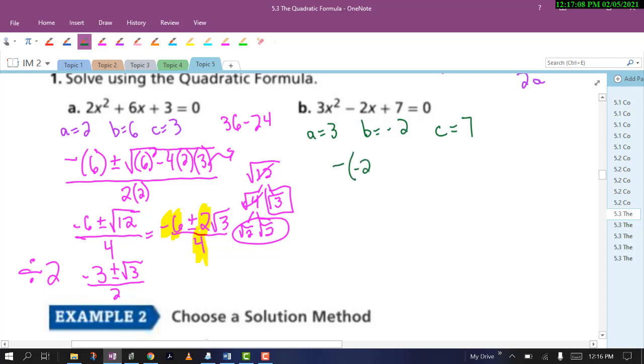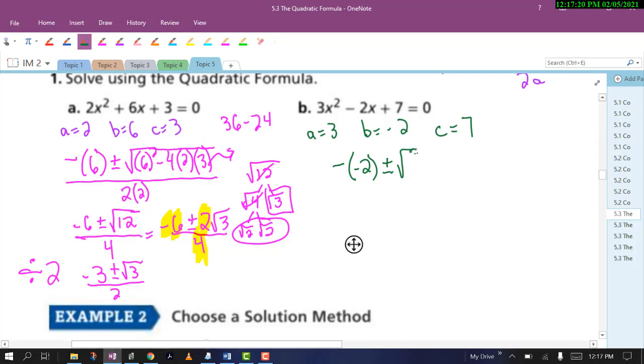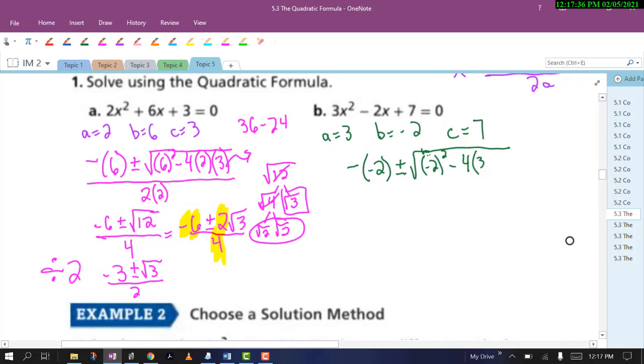Negative B, so negative 2, plus or minus, square root of b squared, so negative 2 squared, minus 4 times a times c. Sorry, technical difficulties. Don't forget about our denominator. It's 2 times a, and of course a is 3. So now we simplify. Negative negative 2 is of course just positive 2.